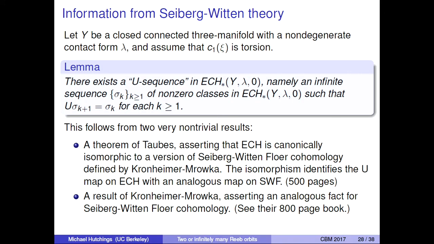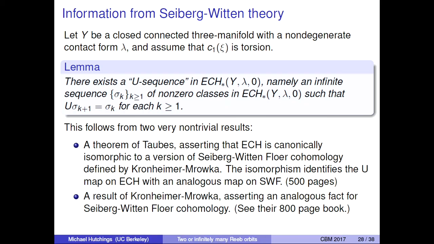Okay. And now we have to bring in some nuclear weapons here, which is Seiberg-Witten theory. Continuing to make our same assumptions, one can show that there exists what I call a U sequence.